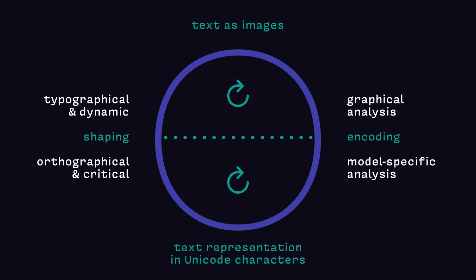We deal with orthographical and critical shaping first to make sure the result is reliable and more or less stable. And then we leave the rest of shaping, the typographical and more dynamic aspects of it, to type designers, font producers, and users.